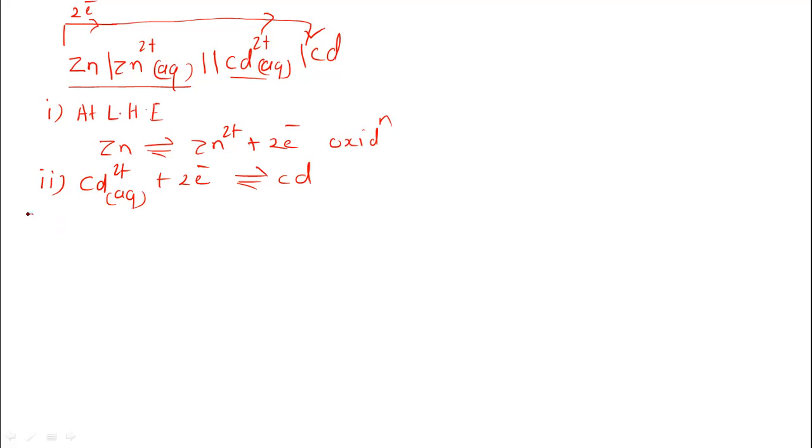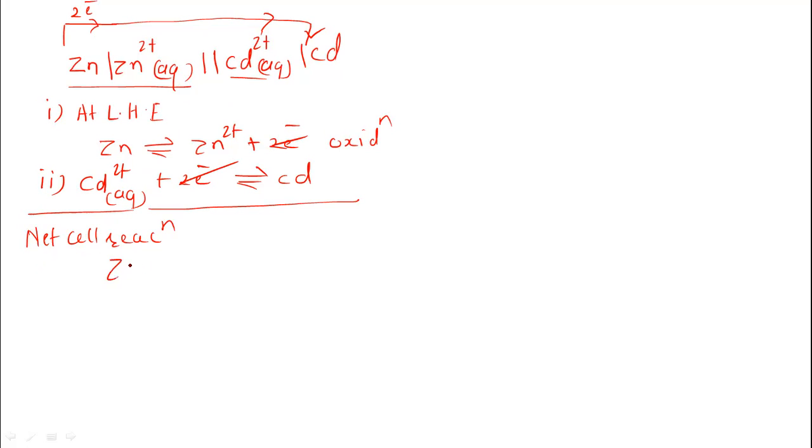So the addition of these two half cell reactions is the net cell reaction of this galvanic cell. Let us write down the net cell reaction. Electrons get cancelled here.